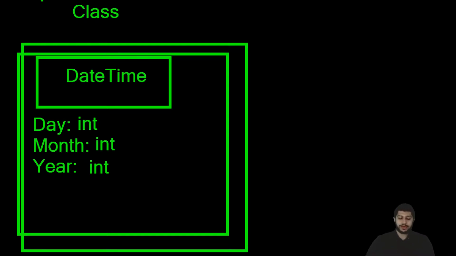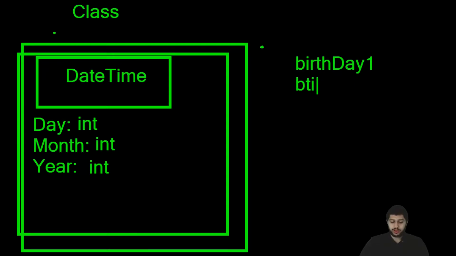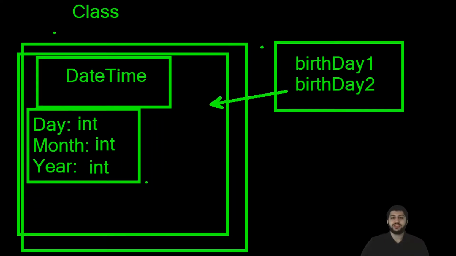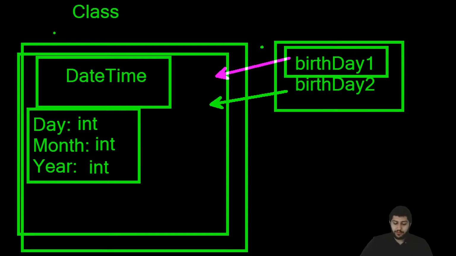So whenever we create datetime objects, such as birthday 1, birthday 2, I misspelled it, these concrete objects that are of type datetime need to have these concrete variables inside them. They need to pack this information that is required by the template. So we know that by being objects from datetime, they all have day, they all have concrete month and concrete year.